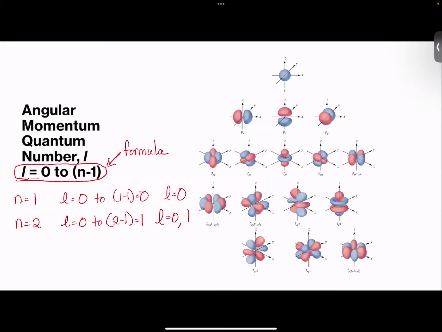Now, what does it mean? Can you put this in something besides 0, 1, 2? I don't understand numbers with respect to electrons. What does it mean? Well, when L comes out to be 0, we're talking about an S subshell, which just happens to be a sphere.